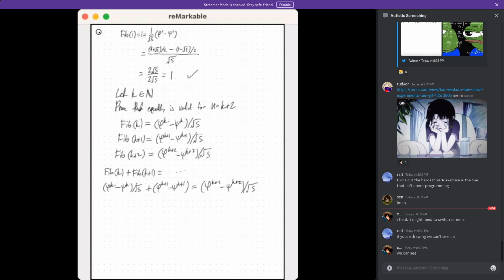Let me try rewriting this a little nicer. Phi to the k times phi plus 1 minus phi to the k times phi minus 1. All this over radical 5.